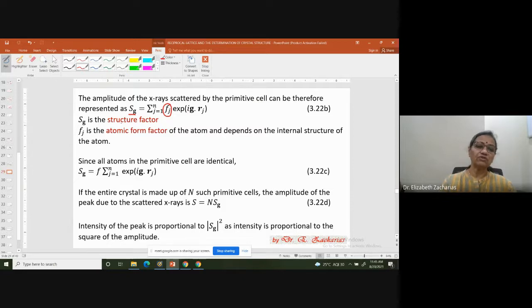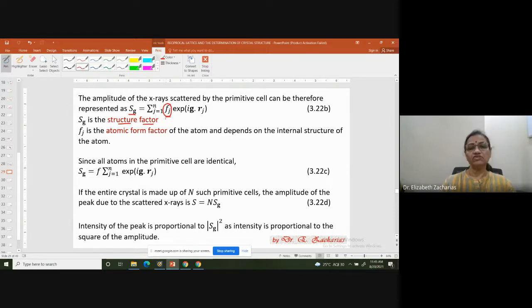And this Sg is called the structure factor. The amplitude of the X-ray scattered by a primitive cell is represented by the equation Sg equal to summation Fj into exponential iG dot Rj. You're going to do the summation for all the n atoms present inside that primitive cell. And Sg is called the structure factor.